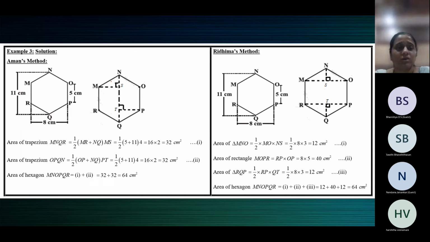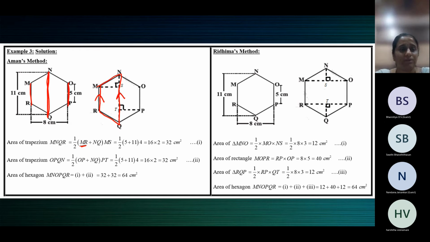Okay. So now in this trapezium MNQR, MR and NQ are the parallel sides. See here, you should take the full thing. NQ is the other parallel side, this full thing. MR is one parallel side, NQ is the other parallel side. In the other trapezium, OP and NQ are the parallel sides.